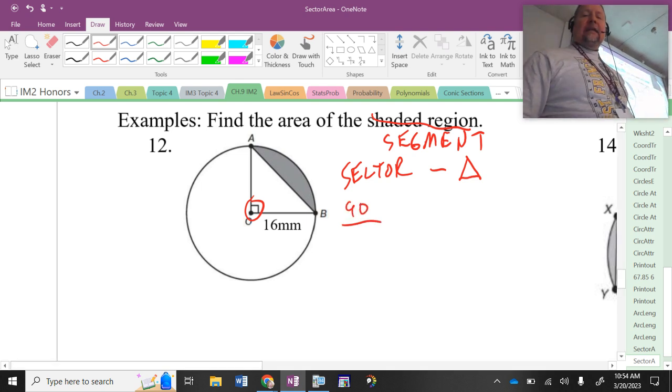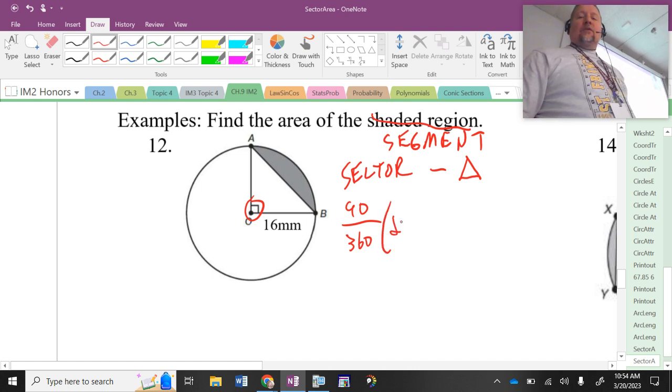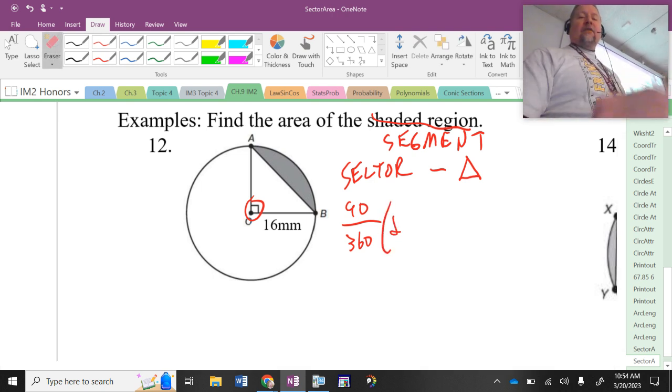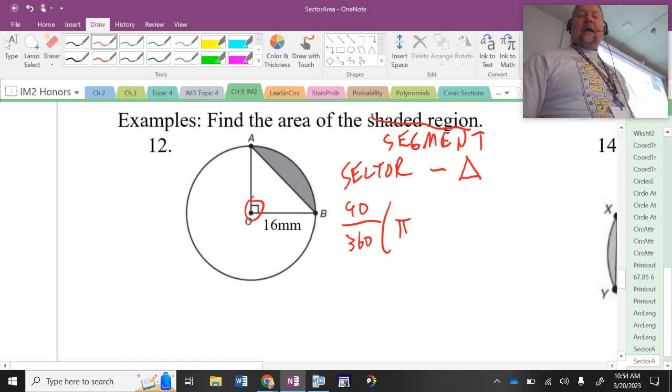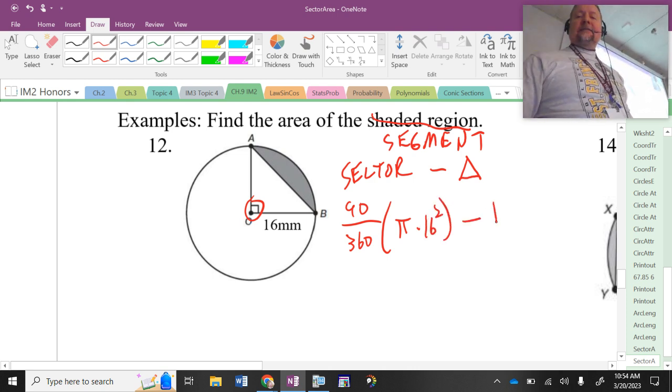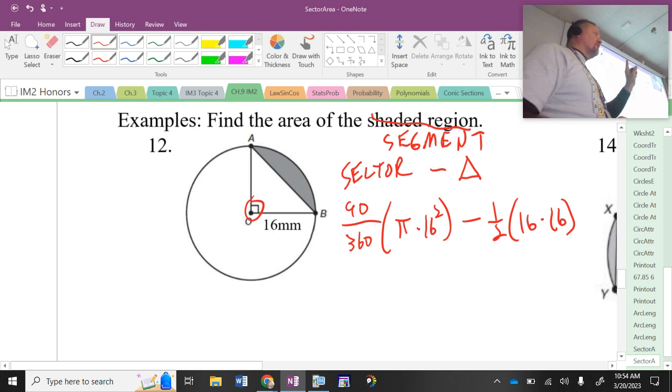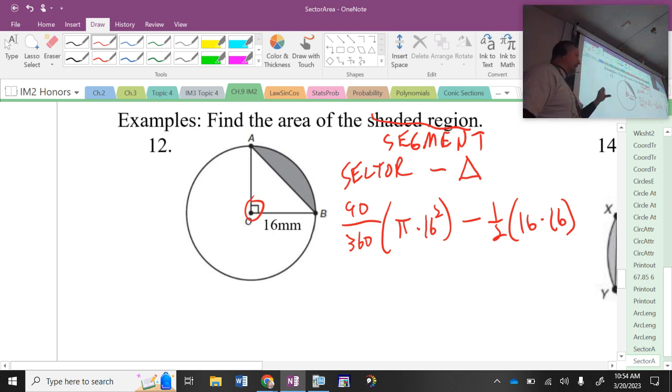So sector is 90 divided by 360 times pi r squared. I almost went into the arc length formula. I got screwed up there. So pi times 16 squared, and then minus half times 16 times 16, because it's a right triangle, 16 is the base, 16 is also the height to stand straight up and down. Lucky.